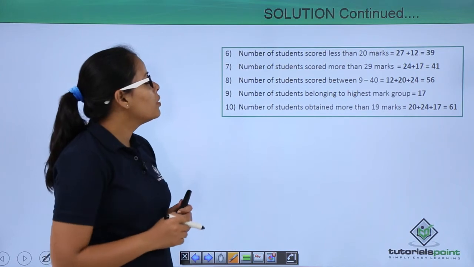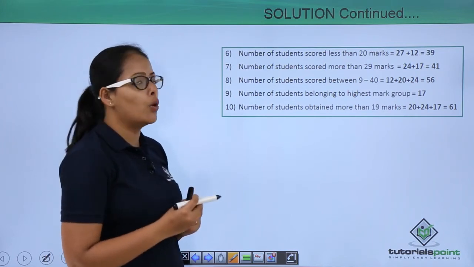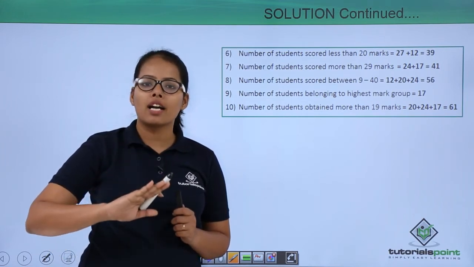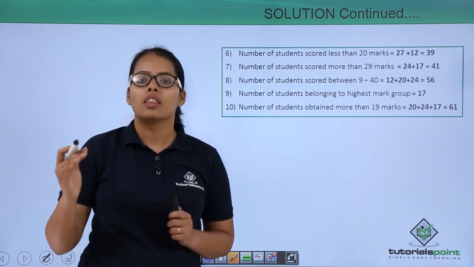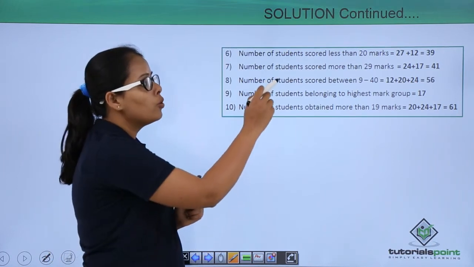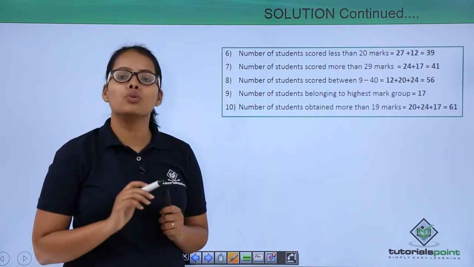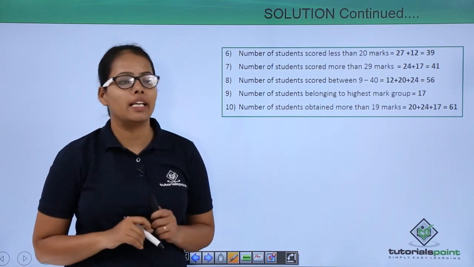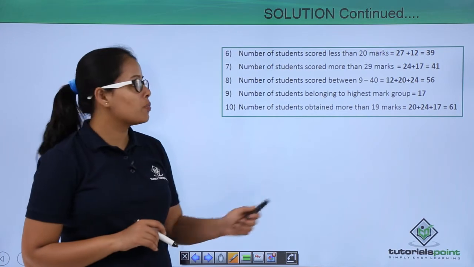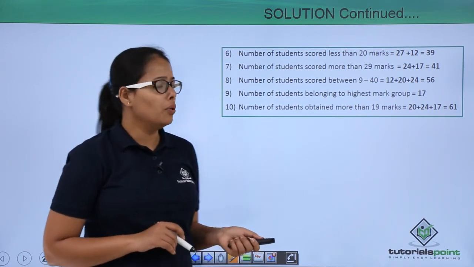In another problem, they asked the number of students who scored more than 29 marks. So all those students who scored marks above 30: 30 to 39, 40 to 49 and 50. So you will sum all those values to get the number of students who scored more than 29. In another question, they asked the number of students who scored marks between 9 and 40.